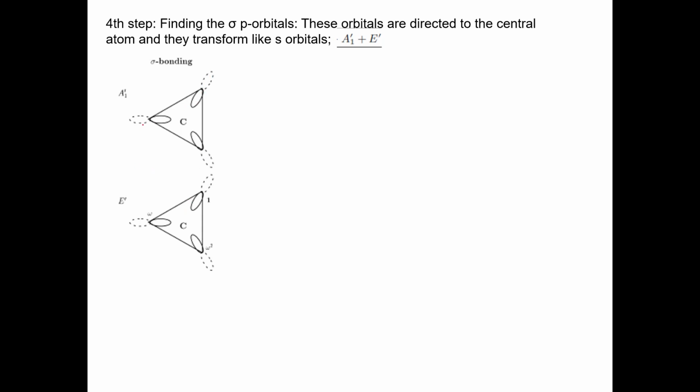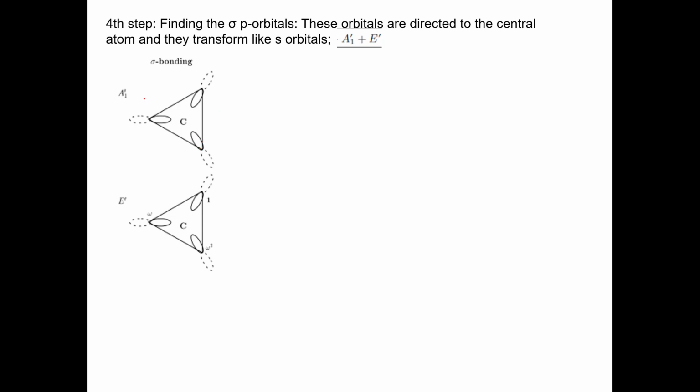These are the different combinations of p orbitals that are sigma-like. They point in the direction of the center. And if you consider these three different orbitals, you can notice that they have precisely the same symmetry properties as the s orbitals in the carbon. Okay, they transform according to the same irreducible representations.